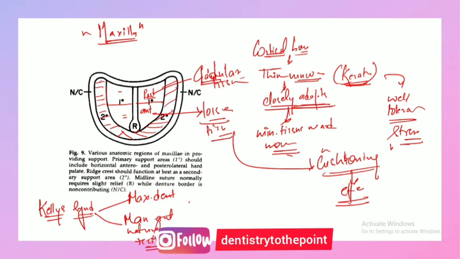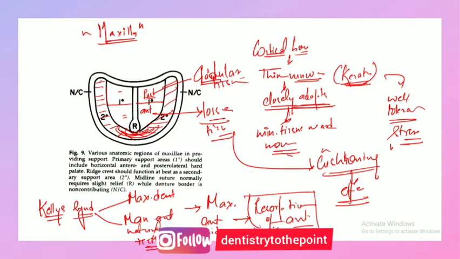In these cases, the forces acting on the maxillary anterior ridge are going to cause resorption of the anterior maxilla. So the anterior maxillary ridge is sometimes susceptible to resorption at a faster rate compared to your primary stress bearing areas.